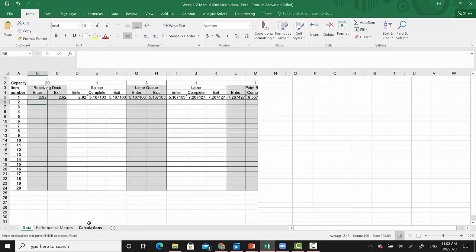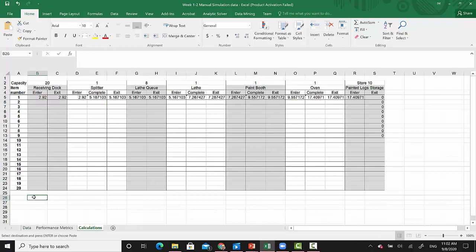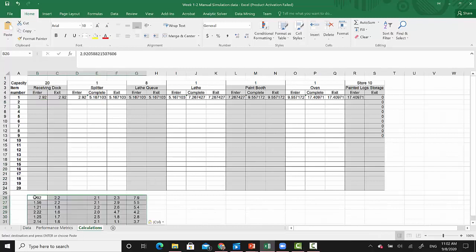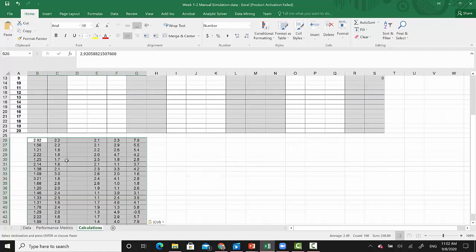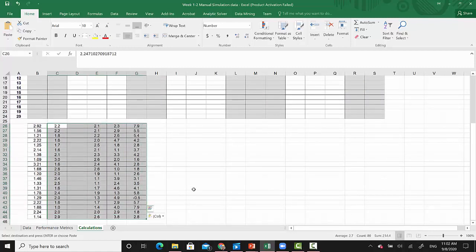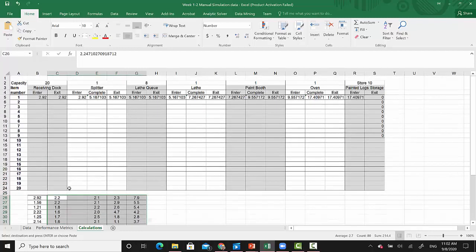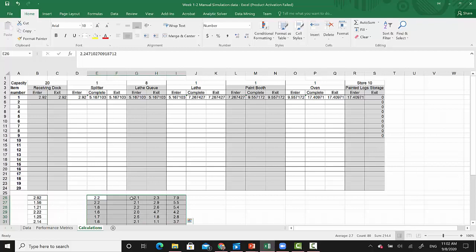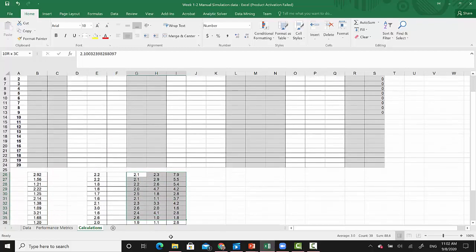Copy them to this calculation. Okay, so this is the receiving dock and the splitter processing time.